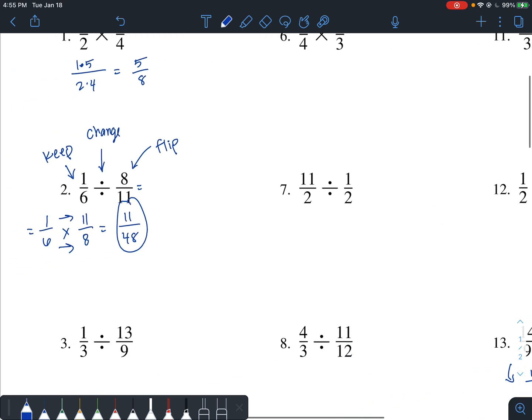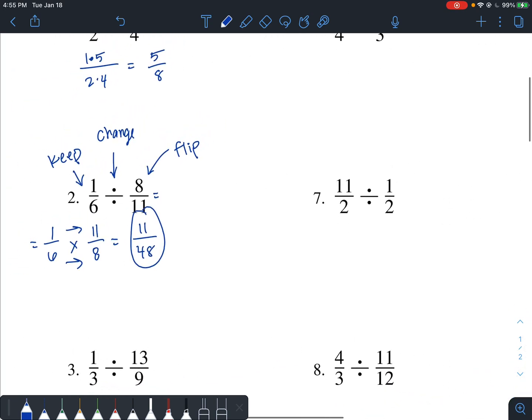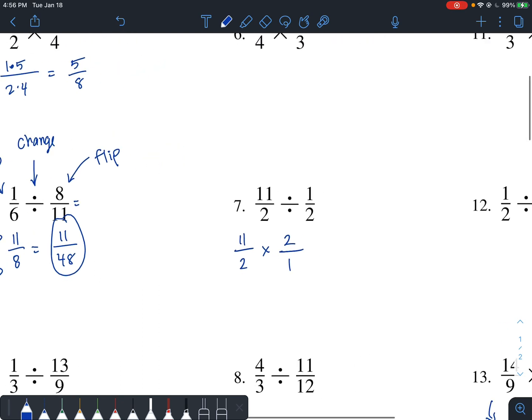So for something like 7, if we use the keep, change, flip rule, keep the first, 11 over 2, change the sign, and flip the second, 2 over 1. Okay, now instead of multiplying 11 by 2 and 2 by 1, which will give me 22 over 2, which would just give me 11, I'm just going to cancel out these factors here.